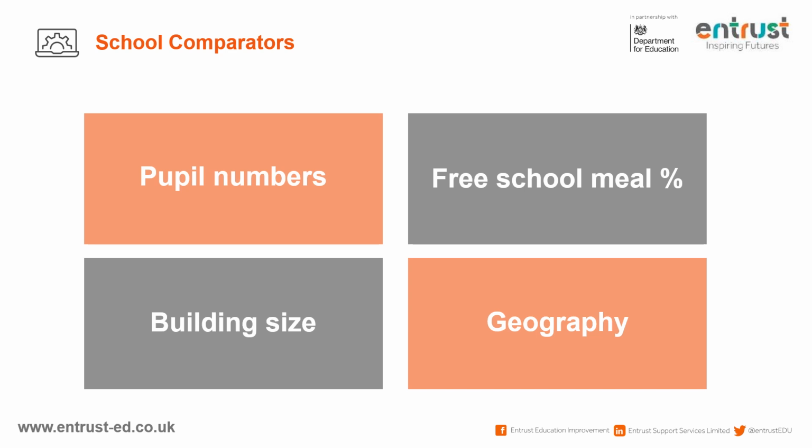With regard to building size, it is an important factor when comparing premises costs, and one of the tools we'll look at later, View My Financial Insights, now produces a separate set of schools for specifically your premises costs to be compared with, depending on factors such as building size and age.